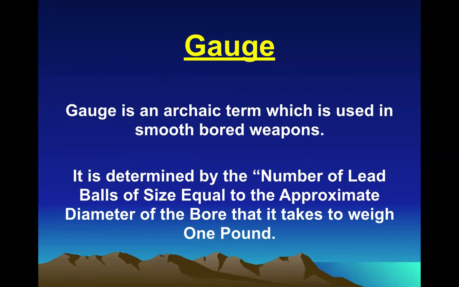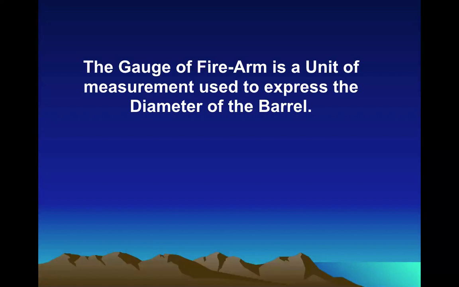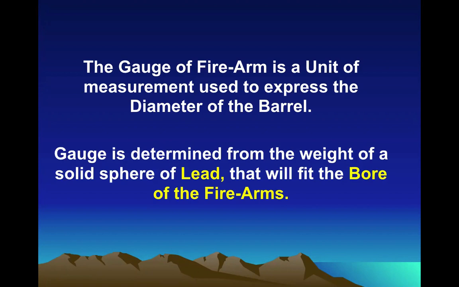That means from 1 pound of lead you make the number of lead balls fitting the approximate diameter. So the gauge of firearms is a unit of measurement used to express the diameter of the barrel. And gauge is determined from the weight of the solid sphere of lead that will fit the bore of the firearm.